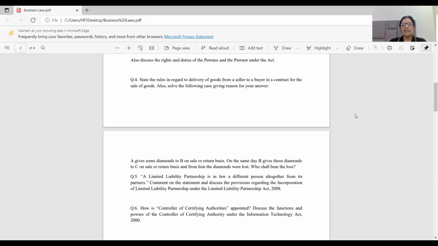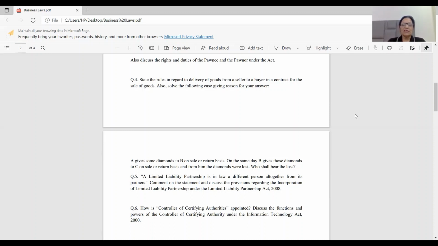If ROC is satisfied with the documents and he finds that documents are in order, then the certificate of incorporation will be issued by ROC to the LLP. 6 steps along with the explanation sections you will have to write in the answer for this question.